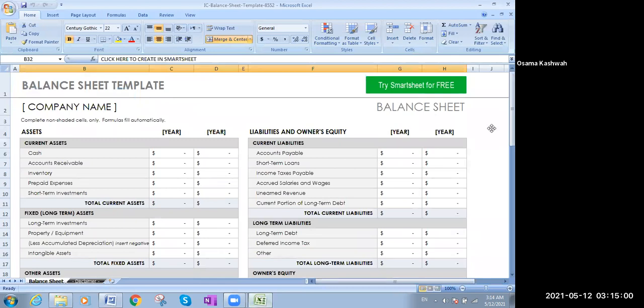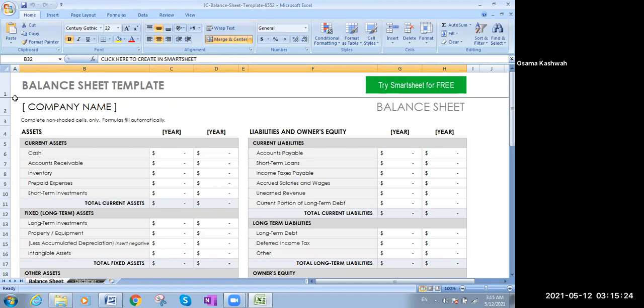As you can see here, this is an opened spreadsheet, and this is just a template. I can do some changes whenever I want. Like we said here, on based on the Excel, here is A, B, C, D, E, F, G, H, like we said before. And this is also the numbers vertically, 1, 2, 3, 4.